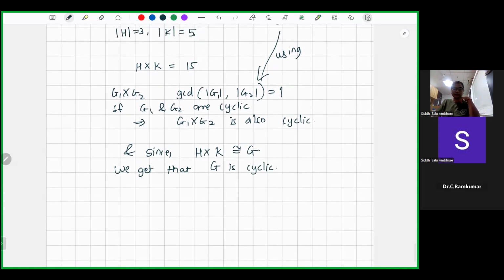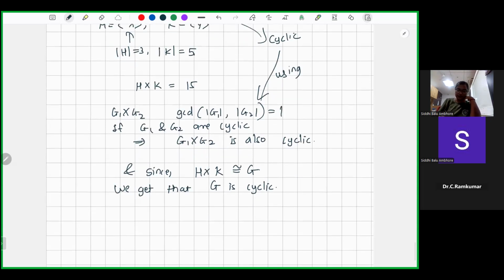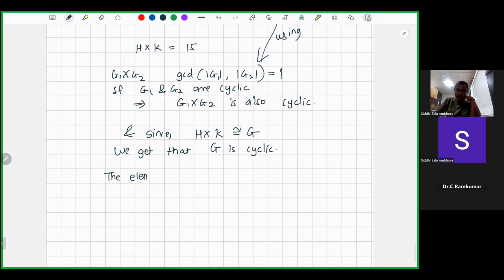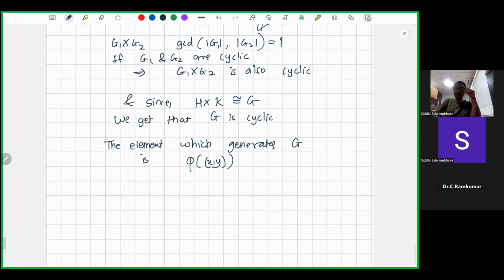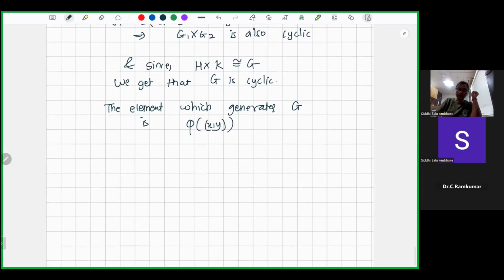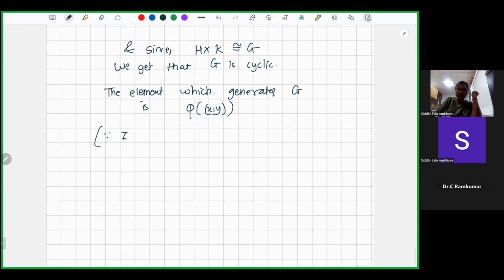Okay, and the element which generates G is phi of (x, y). Because H cross K is generated by (x, y), where H is generated by x and K is generated by y.